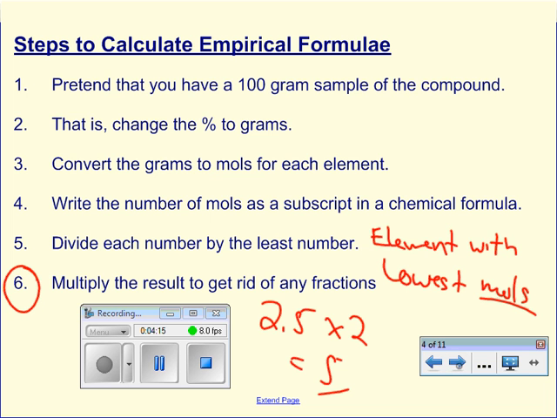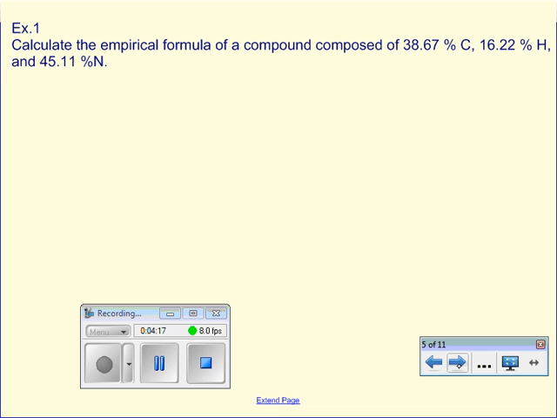So let's take a look at one question. I want to calculate the empirical formula of a compound composed of 38.67% carbon, 16.22% hydrogen, and 45.11% nitrogen. All right, first thing I'm going to do is assume a 100 gram sample.